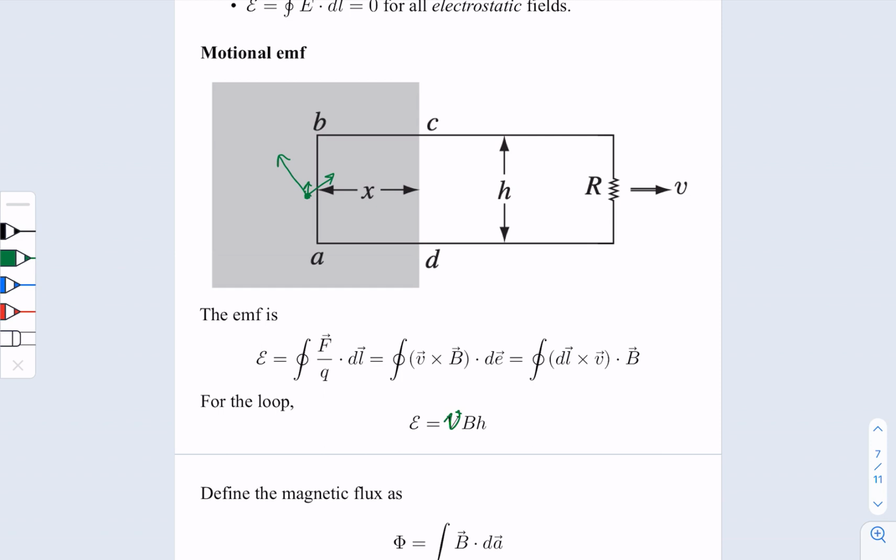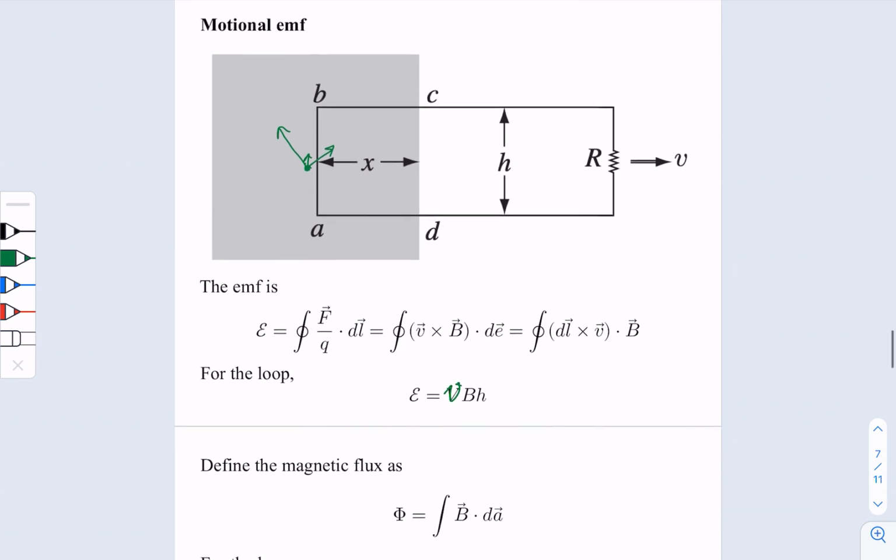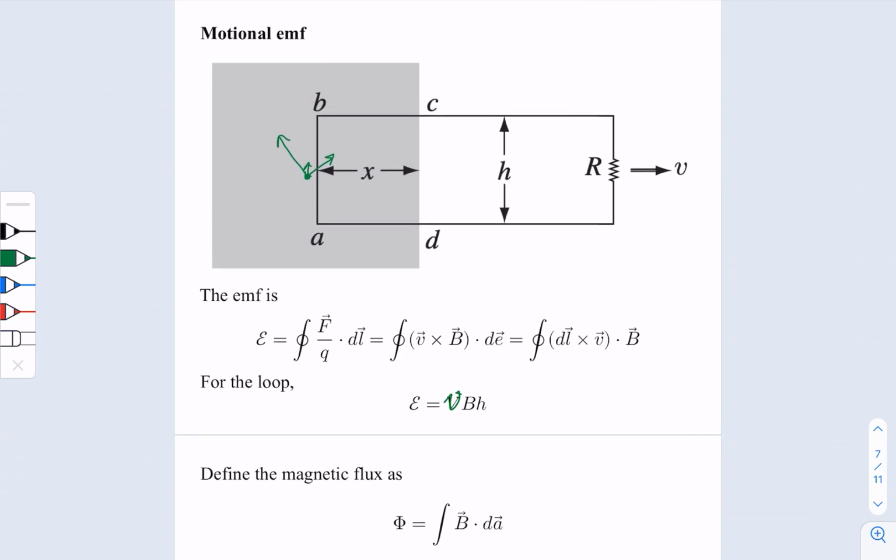Sorry. So it should be equal to the velocity times B, and also the height of this circuit. So the EMF across this loop is vBh. Now we can define the flux within this loop, which is B times the area here.